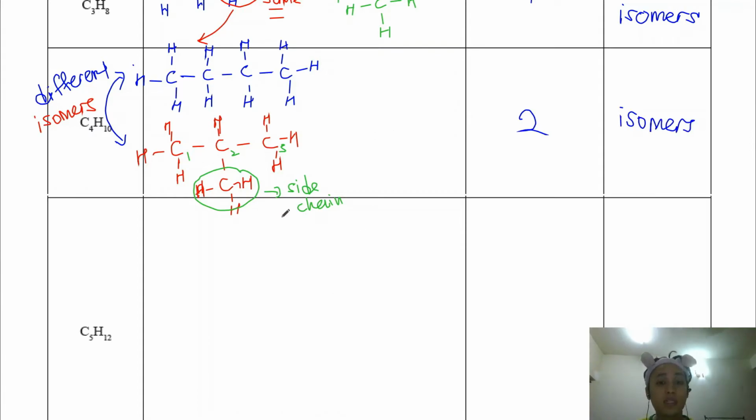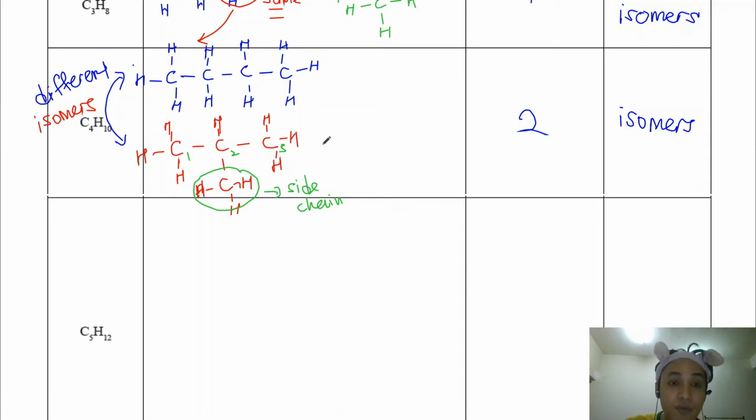So that is for alkane. My way of drawing is like this. You start off with a straight chain first, 4 carbons. Next, you go one step lower: for 4 carbons, you change it into 3 carbons, and the other carbon is the side chain. Then you try whether you can get 2 carbons.